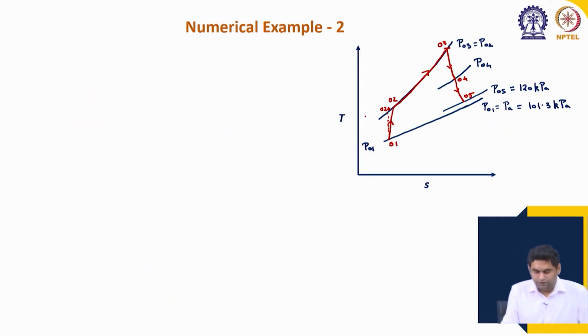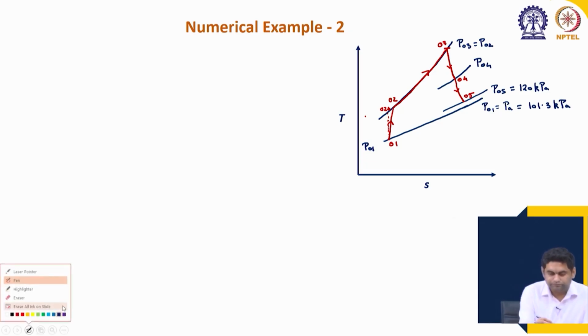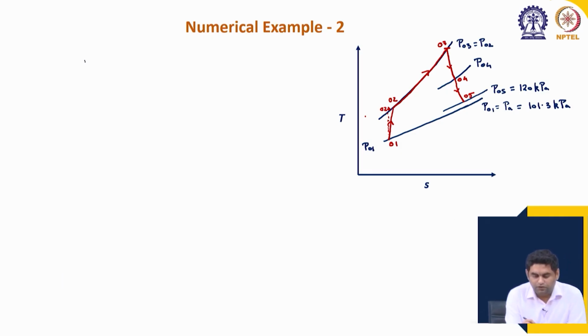Okay. So, we start solving the problem in the same way as we have done previously for all the cases. We start by going from each state one at a time. So, T01 is equal to the ambient temperature plus kinetic energy Va square by 2 Cp, which is 0.